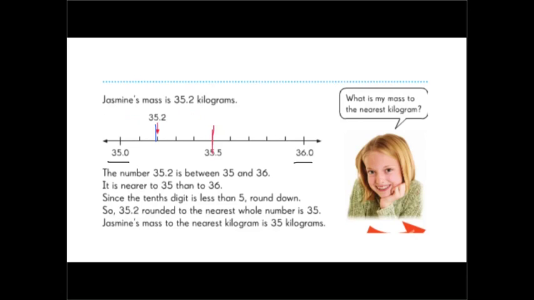So which whole number is it closer to? Is it closer to 35 or is it closer to 36? Obviously, we see the number 35 and 2/10 is between 35 and 36. It is closer to 35 than to 36. So that means we round down, because it's less than 5, to 35 kilograms.